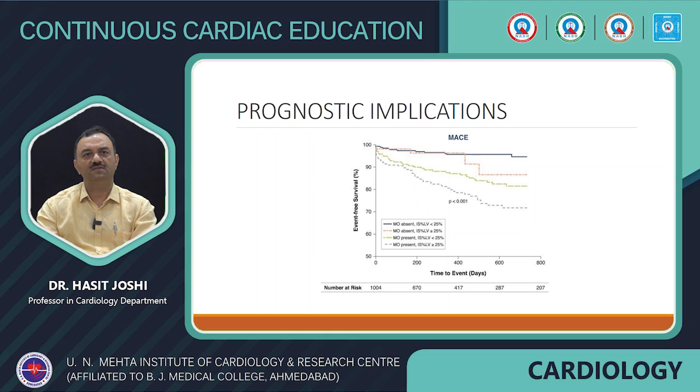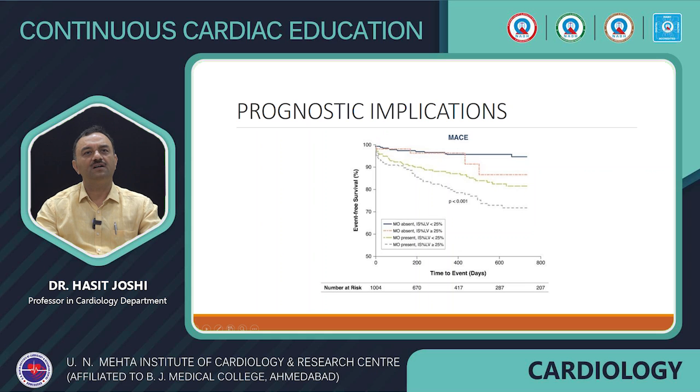If we see the 4 lines, where microvascular obstruction was absent and infarct size is less than 25%, they had the best survival rates at 2.5 years. And if we consider the second line, microvascular obstruction absent and infarct size more than 25%, then the mortality was almost double.